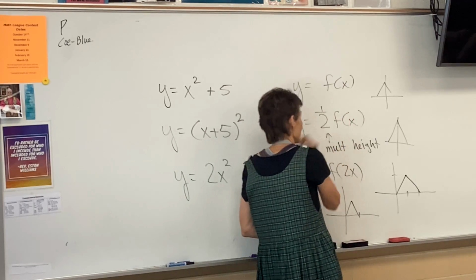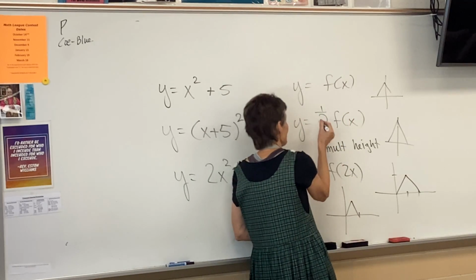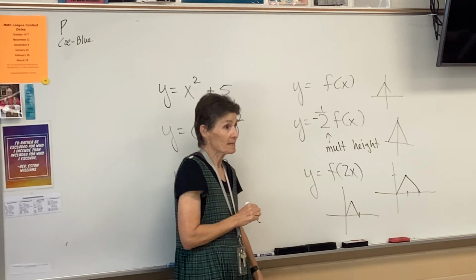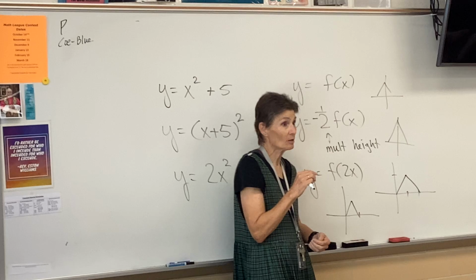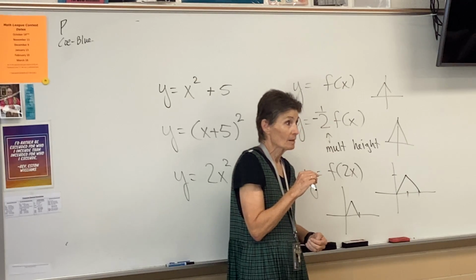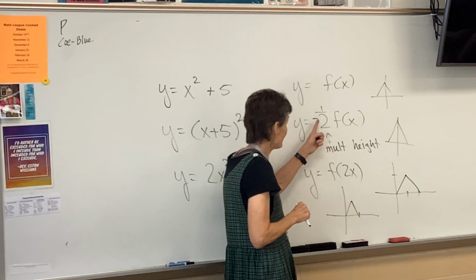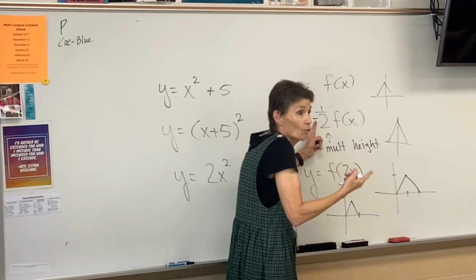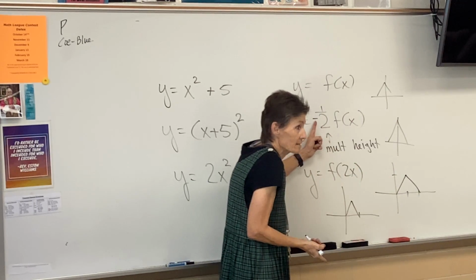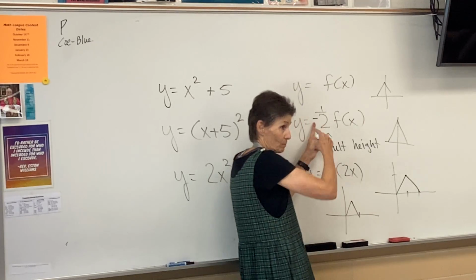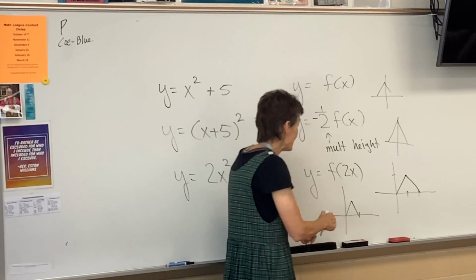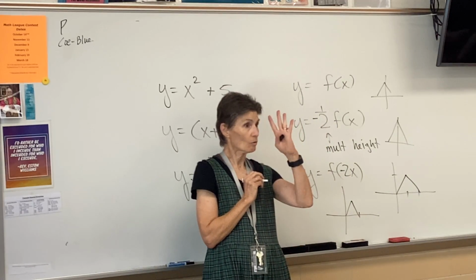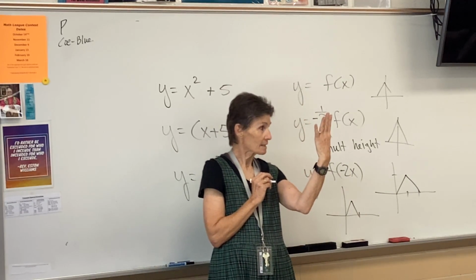If that coefficient happens to be negative, then not only does it change the size, but it also reflects it. If it's out in front, it reflects it across the x-axis. This is upside down. If it's on the x, it reflects it across the y-axis.